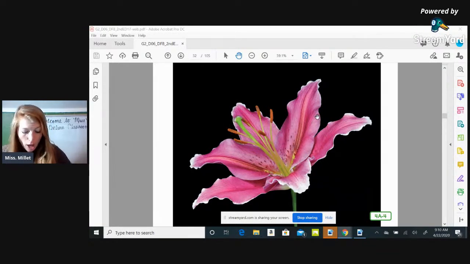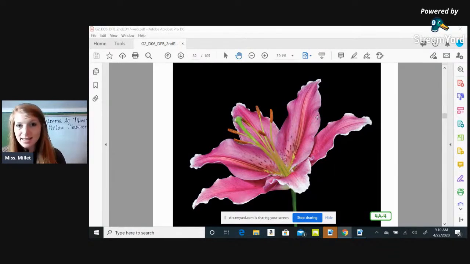Pollination is when pollen from one flower mixes with the pollen of another flower so that the plant can make seeds. But how is pollen transferred from one place to another? In other words, how does pollination occur? As we talked about in our video on Monday, we talked about little helpers that make this process possible.